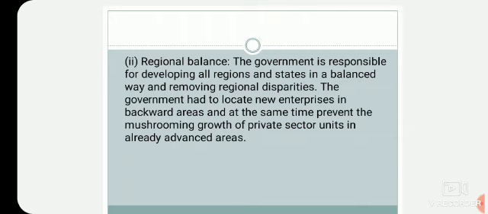So, public sector units were established to overcome regional imbalance. That means in every state, in every district, in every place of India, the resources must be properly distributed. That is the second role of the changing role of public sector.